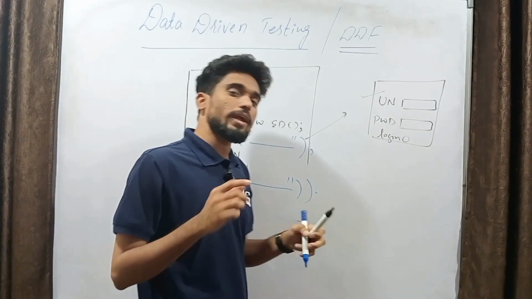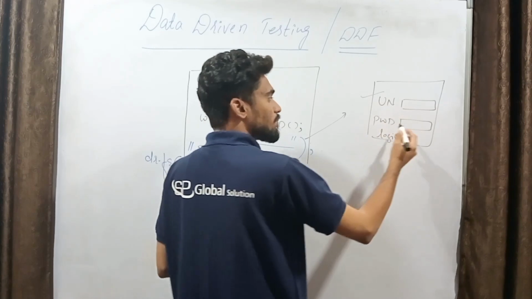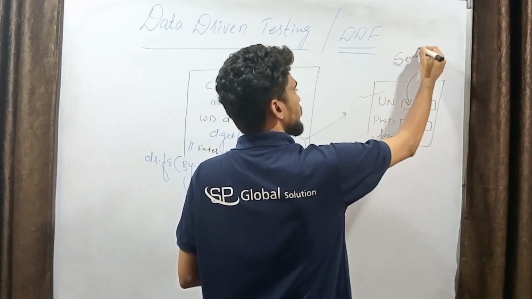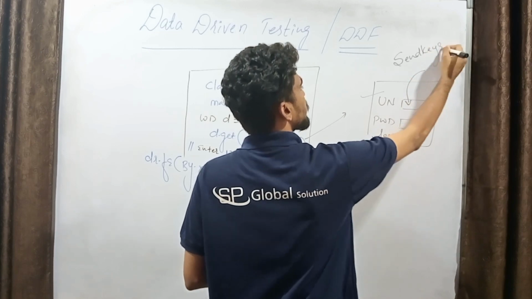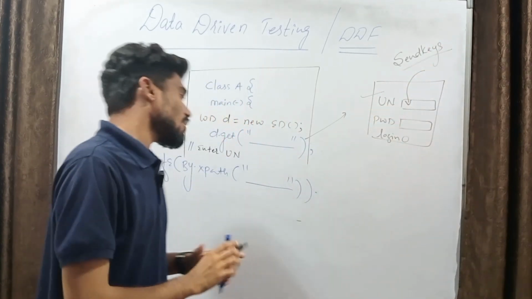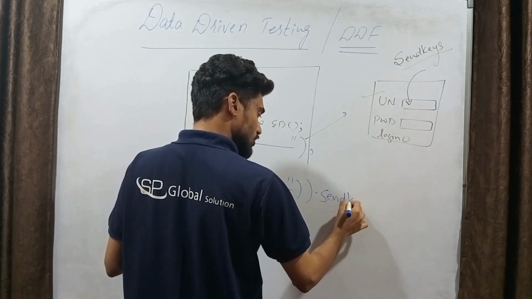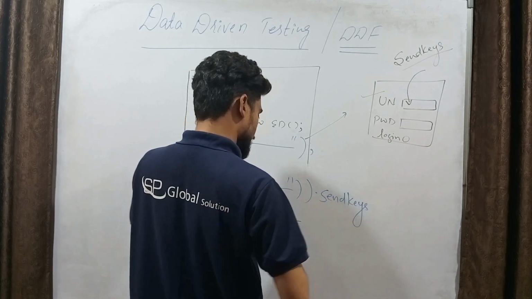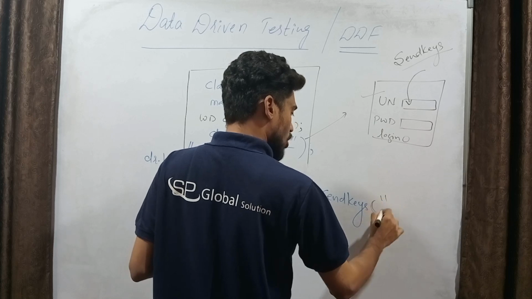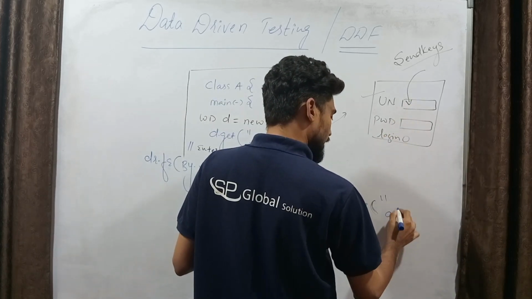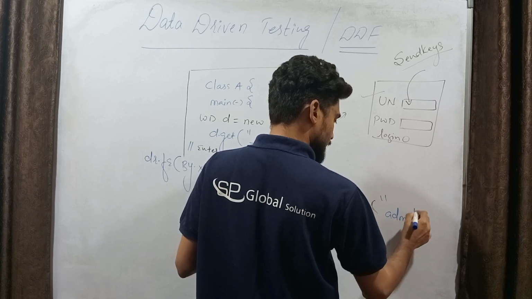If you want to enter any values inside the web page, we have a method called sendKeys. Dot sendKeys I will use, and I will give the proper username, for example admin. So can I write admin here? Yes.